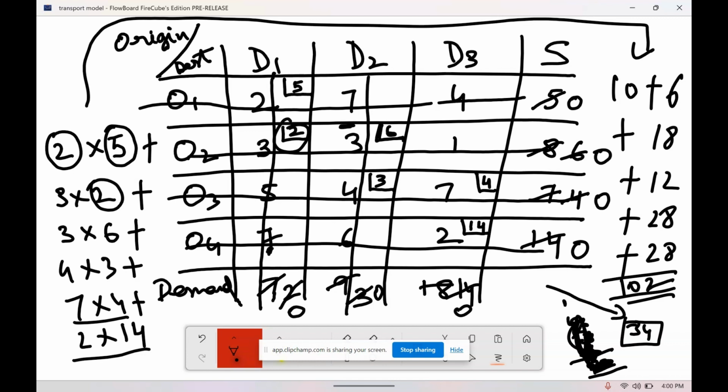So this is the solution for the transportation problem. So a minimum of 102 rupees is required for transporting all these goods, keeping the supply and demand constraints. So this is the optimized solution, which is the minimum cost required for this transportation from origin to destination.